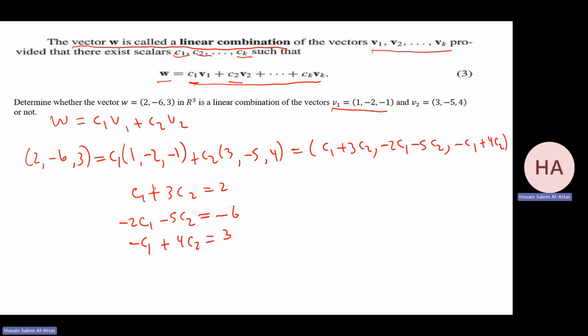Now the question is how to solve this equation. We can solve it in many ways. We can solve it by Gauss elimination. We can solve it like equations and try to find the unknowns. Let me deal with it.